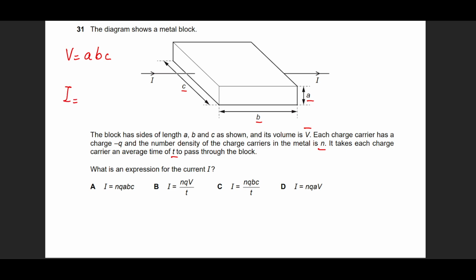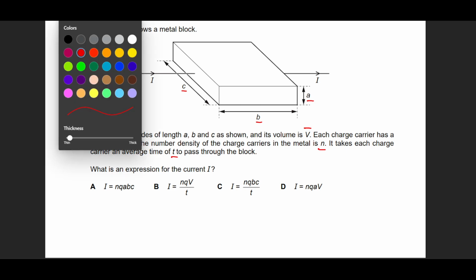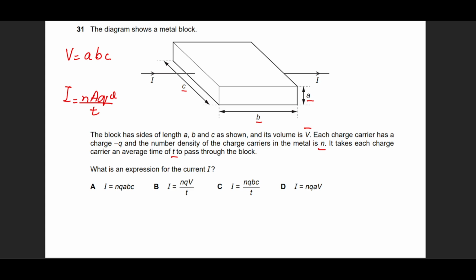So I is equal to NAQV divided by T. So what's going to be velocity? If I want to find the velocity in this direction, I should divide B by T. This is the distance traveled by the charge, and the time taken by the charge. He has given me that the time T is going to be taken for this process.